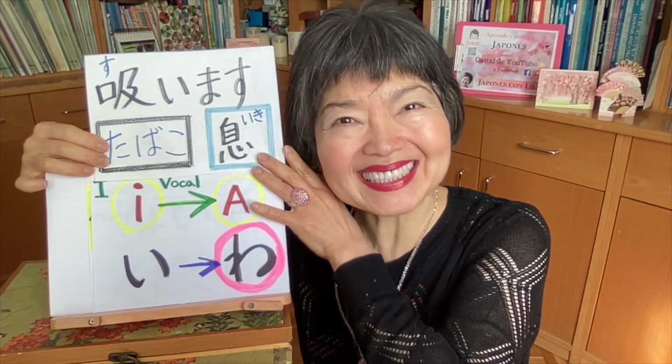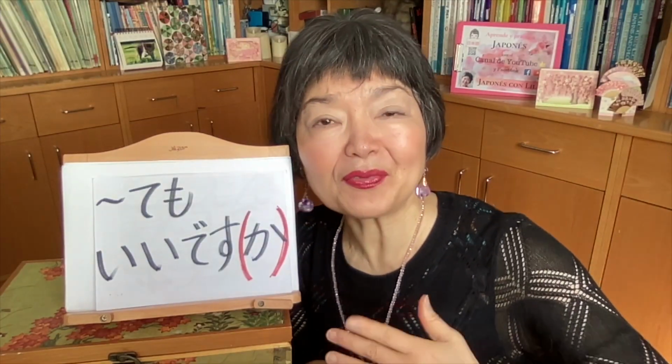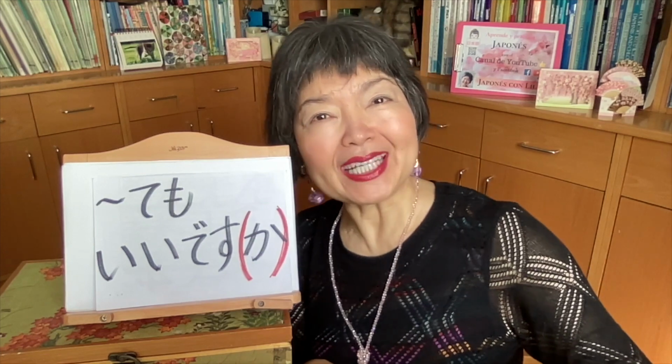ここは禁煙ですからタバコを吸わないでください. Let's remember these sentences using the て form. Can I smoke here?